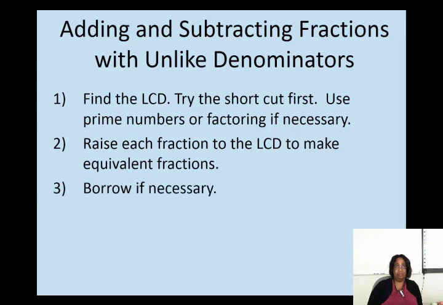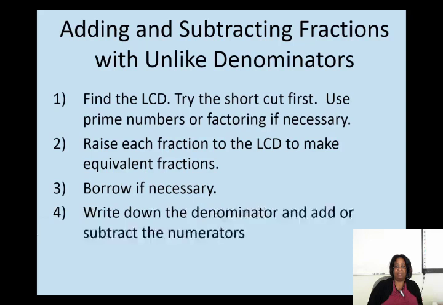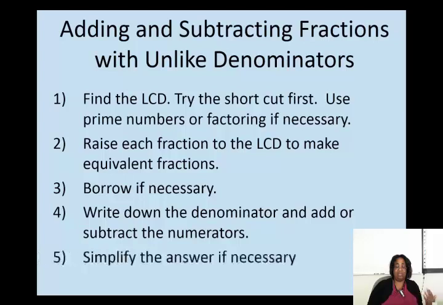Sometimes you have to borrow in subtraction if you don't have enough to subtract. Write down the common denominator, do your addition or your subtraction, and then don't forget to reduce or simplify the fraction. So these are all the steps for adding and subtracting fractions.